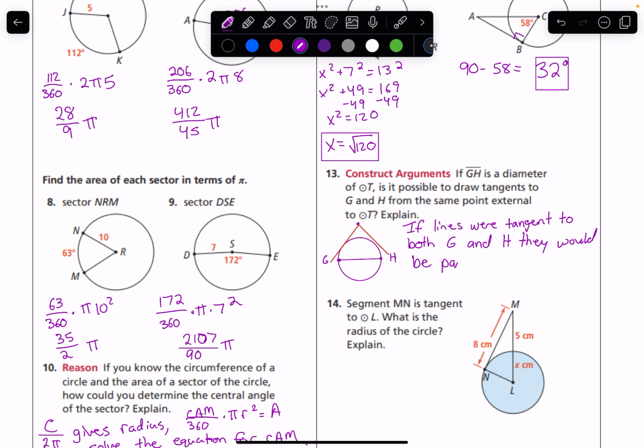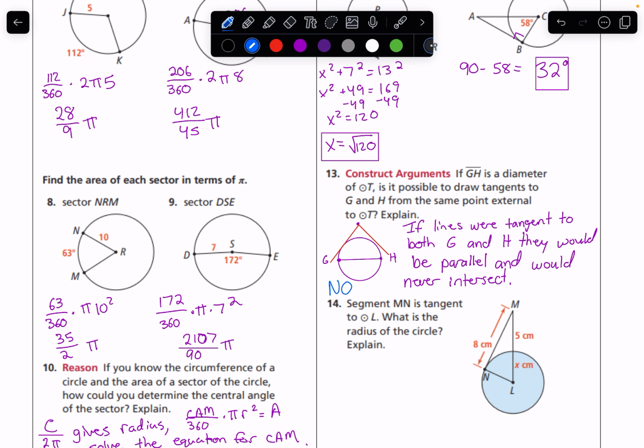And since they were parallel, they would never intersect at a point outside the circle. And would never intersect. So the answer technically is no.